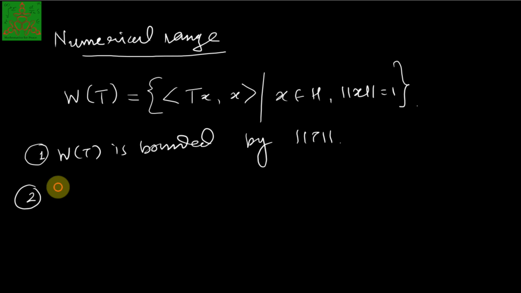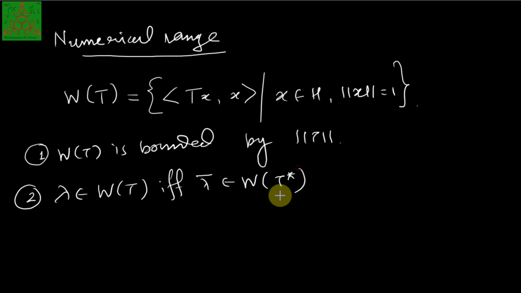The second result we have discussed is that lambda belongs to the numerical range of T if and only if lambda conjugate belongs to the numerical range of T star, as we have the same result for the spectrum.